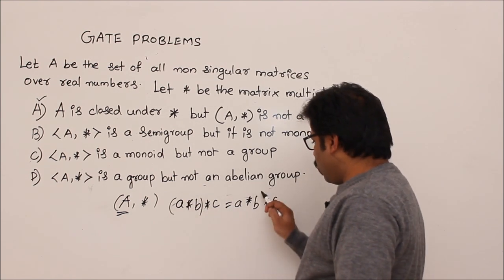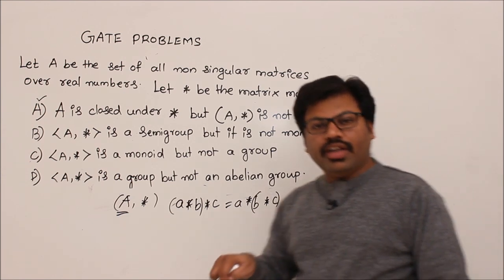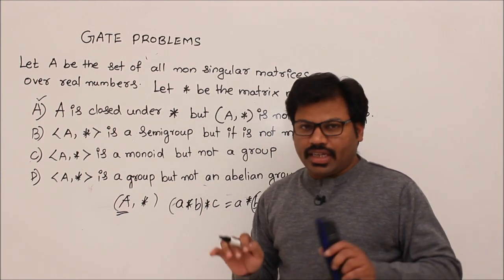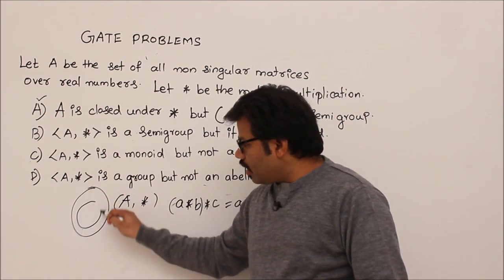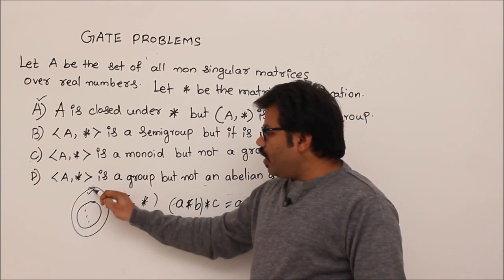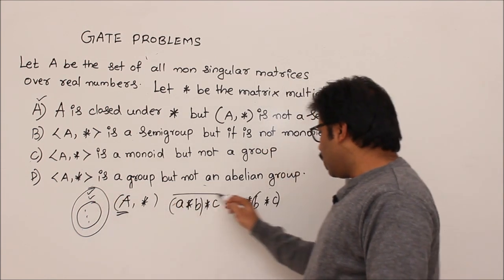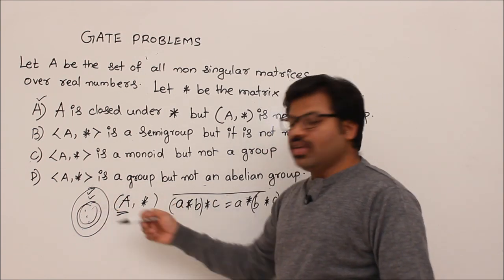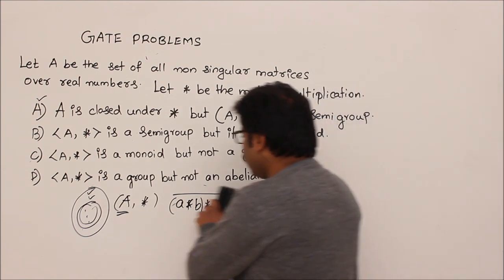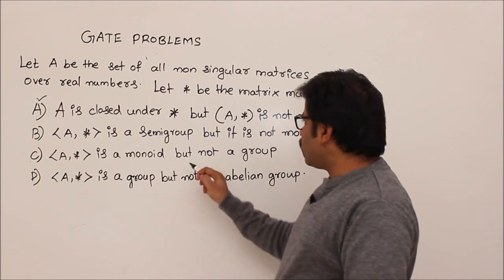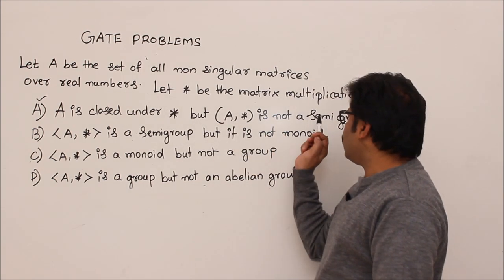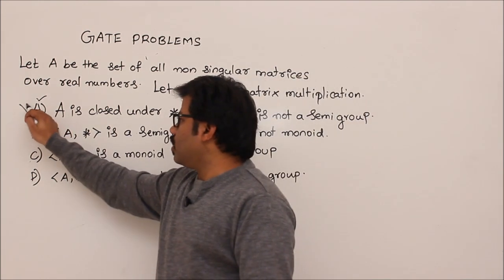But you already know that matrix multiplication is associative for all matrices. These non-singular matrices are a subset. Any matrix you take, it is associative, so for this collection also it is associative. You don't need to check. So (A, star) is actually a semigroup, but this option says it is not, so we can eliminate this option.